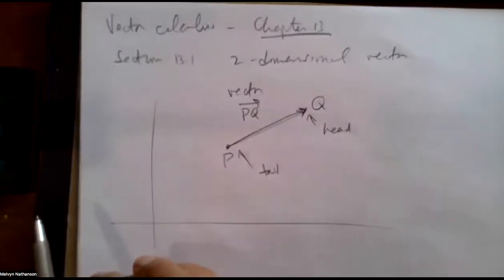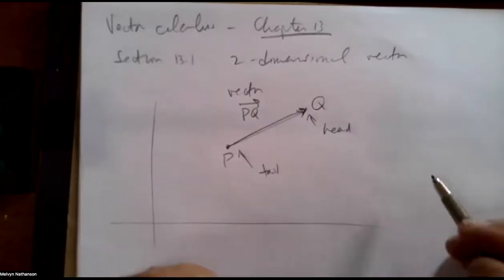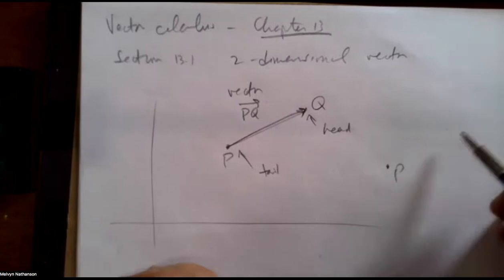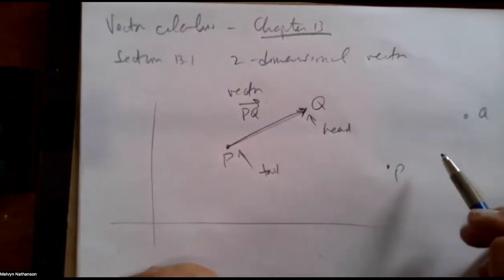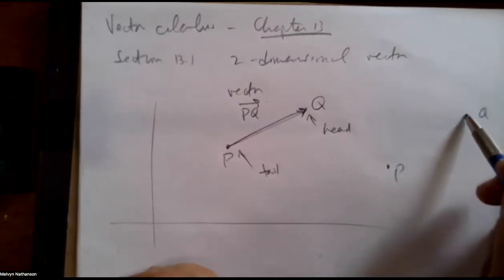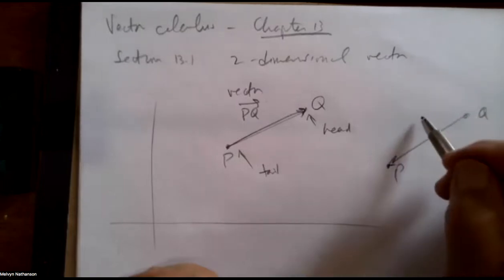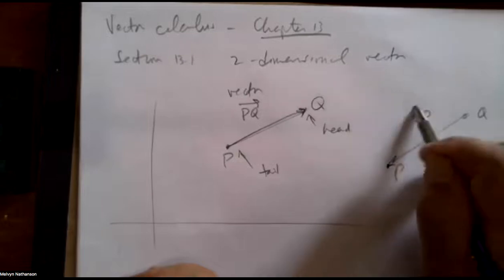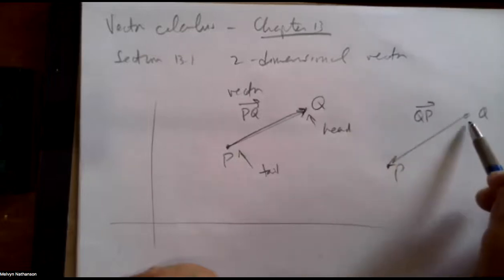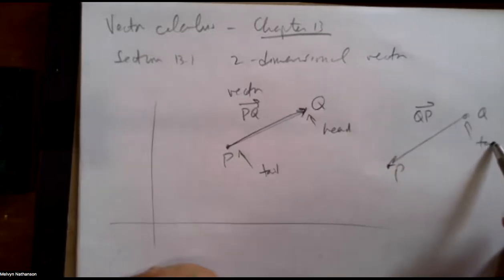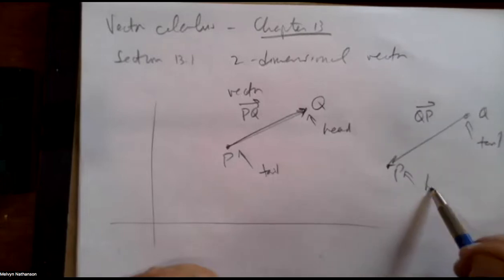And this is different from the vector, if you were to go in the opposite direction, this is P and this is Q, the vector from Q to P goes from Q to P. And we would write that as QP. So now Q is the tail and P is the head.